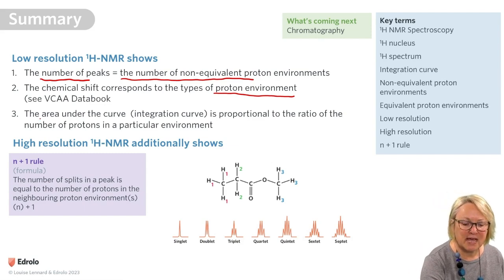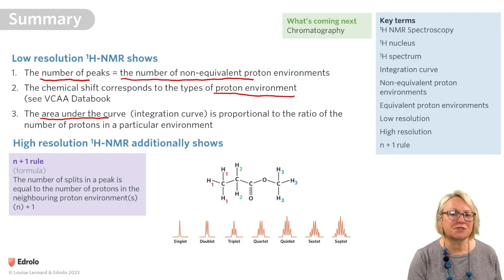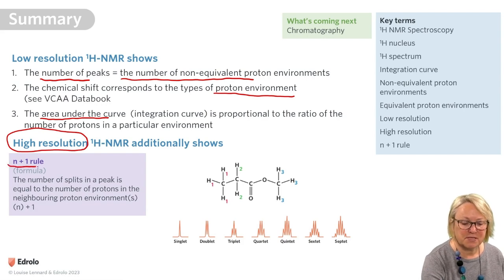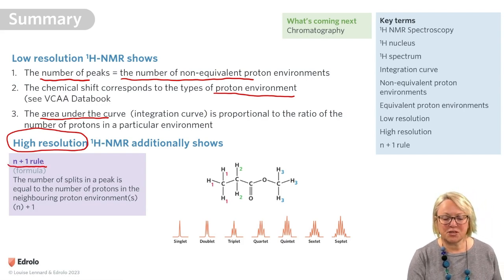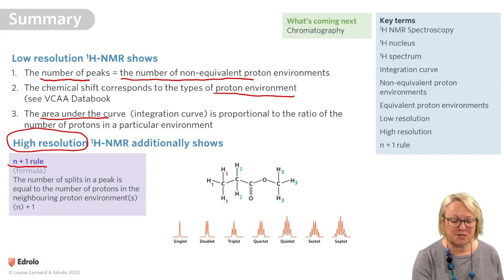The area under the curve, or the integration curve, is proportional to the ratio of the number of protons in a particular environment. And in addition, high-resolution proton NMR, according to the N+1 rule, shows the number of splits in a peak is equal to the number of protons in the neighbouring proton environments plus 1.